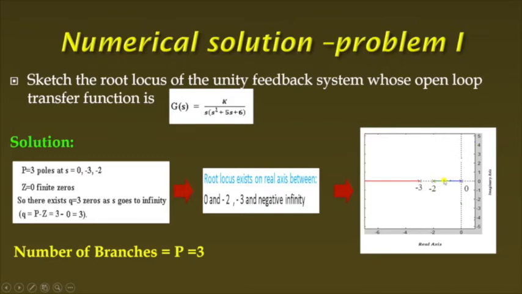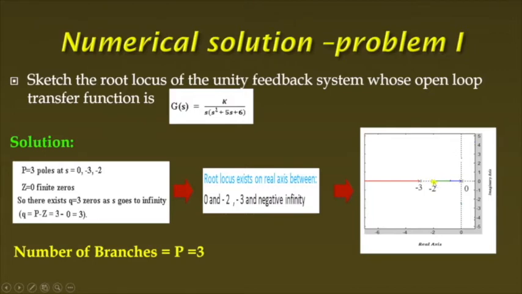If we consider any test point on this side, then on the right hand side only one pole exists. That means odd. So root locus exists from 0 to minus 2.